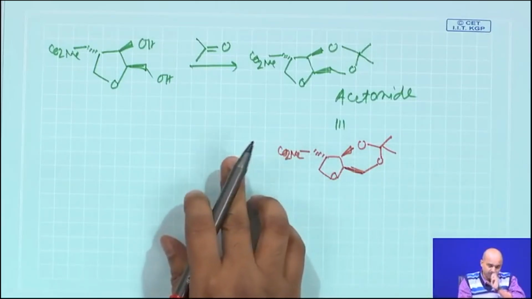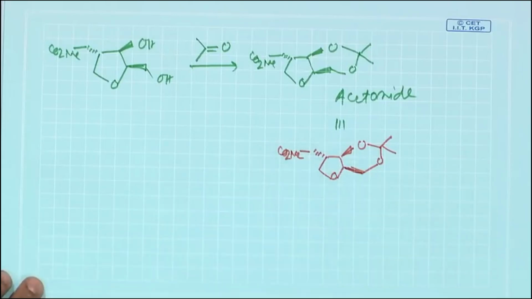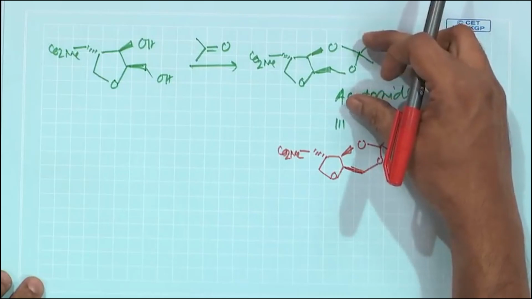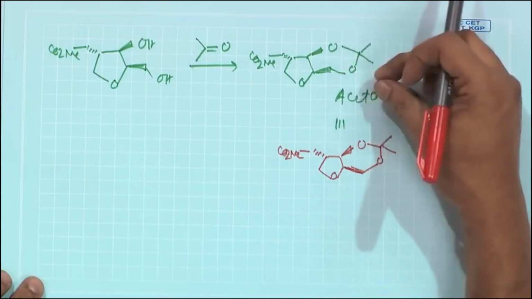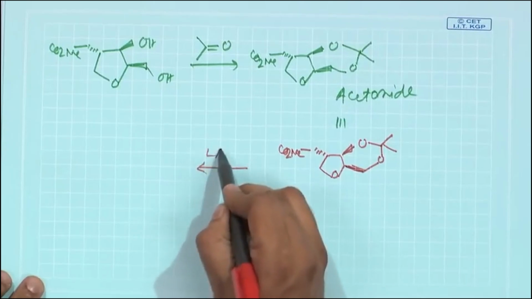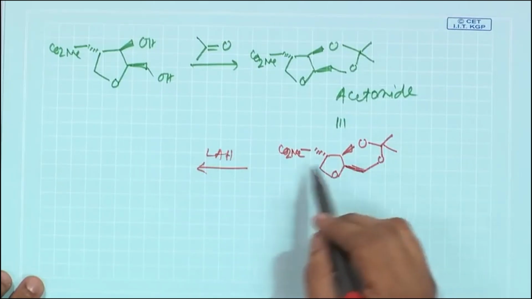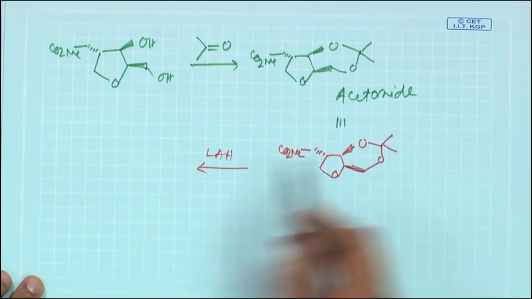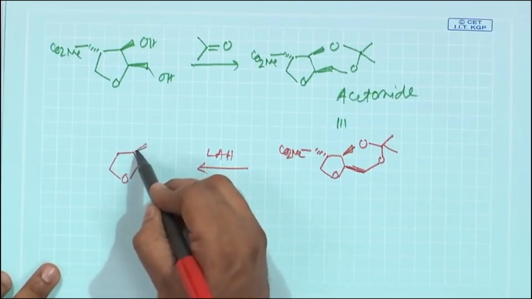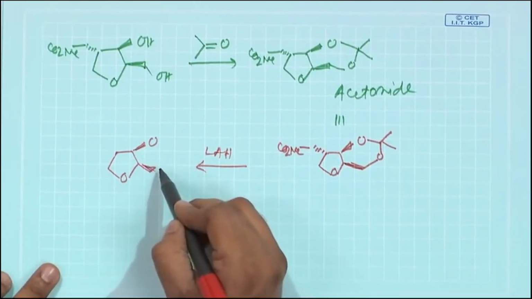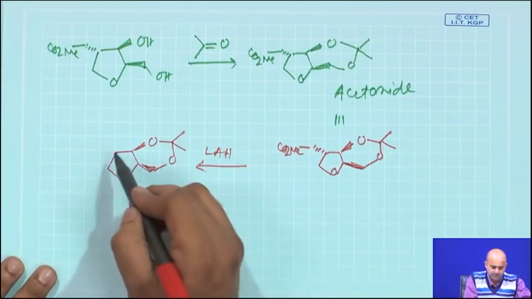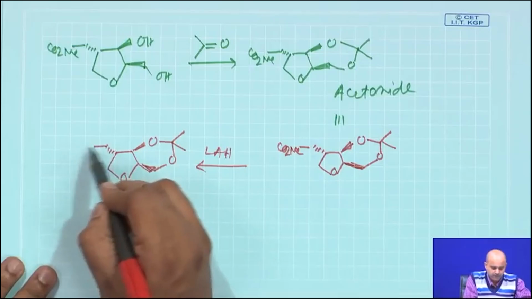So, what strategy have we observed here? We use one equivalent of a chemical reagent which can react with the secondary as well as the primary, and then use LAH. LAH will not affect this acetonide protecting group. So, you have to make sure the protecting group is not affected by the reagent you will be using for your FGI.